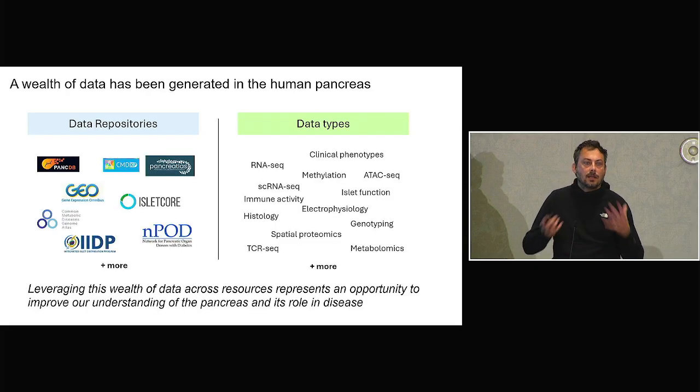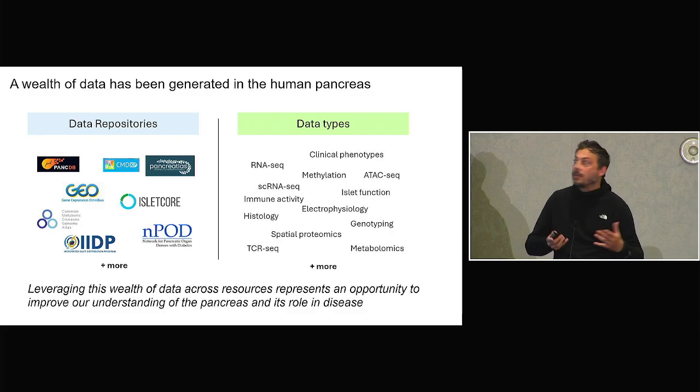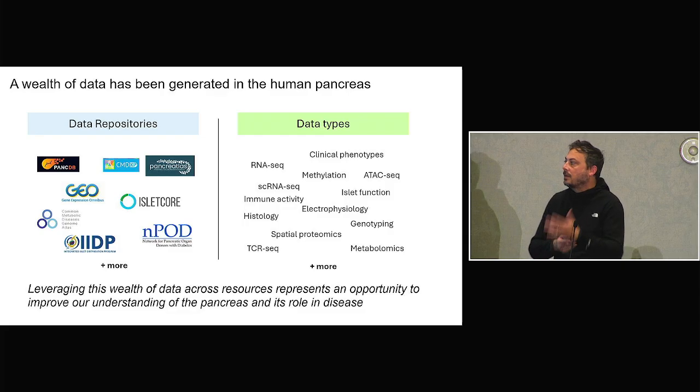So there's an amazing opportunity, and kind of the genesis of this project is the incredible wealth of data that's been generated in the human pancreas and continues to be generated. And this is spread across many different repositories, so repositories that generate data on human islets or human pancreas, clinical resources as well.